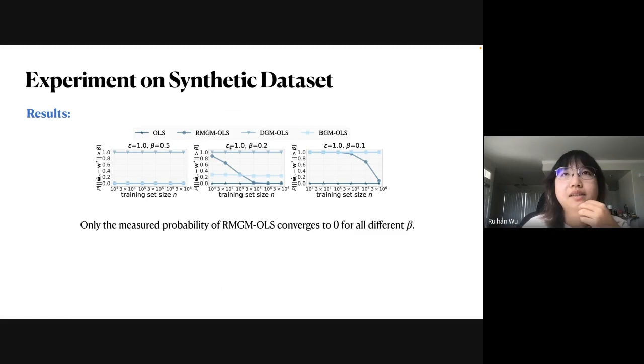We can see that first, for the OLS, it's always very good, close to 0. For our newly proposed method, RMGM, it converges to 0 when n is large enough, as large as 3 million. However, for DGM and BGM, they never converge to 0.